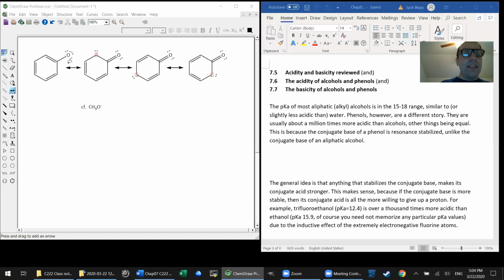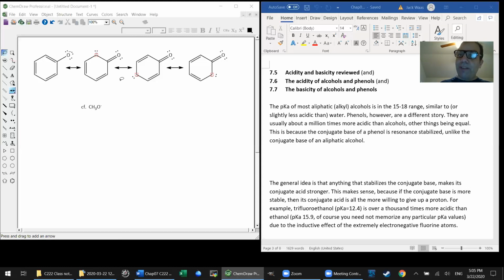And what we find is that this species is very highly stabilized by resonance. I could come up with at least 3 other resonance forms, which show the negative charge being delocalized and shared with at least 3 of the carbon atoms on the benzene ring. So the minus charge is not just sitting on the oxygen, it's spread out through the entire benzene ring.